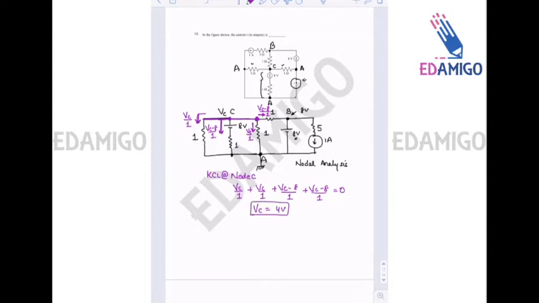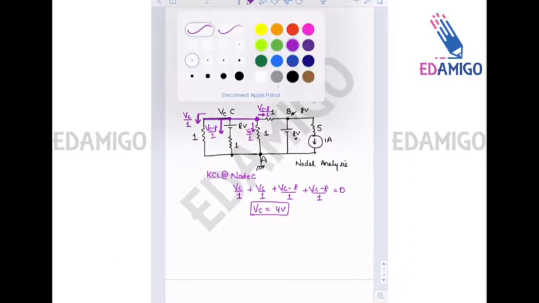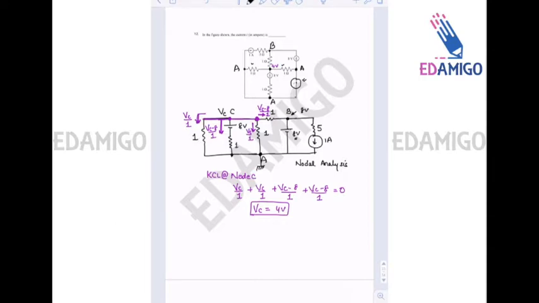Okay, so this node is at 4 volt, right? Now you can easily solve the whole question. Let me take another color. So since here it is 4 volt, the current in this branch, that is from C to A, will be 4 ampere.